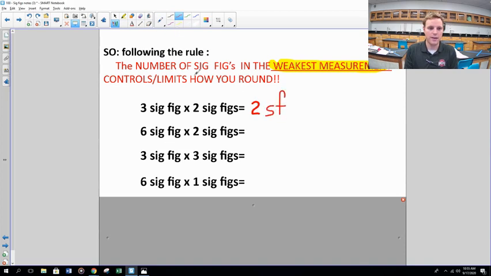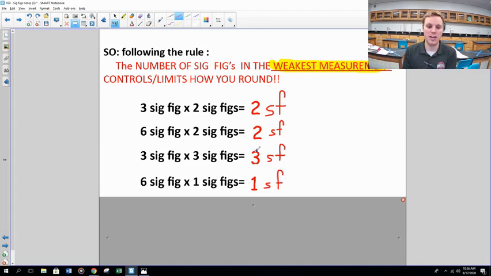If you have 6 significant figures times 2 significant figures, you still only have 2 significant figures. 3 SigFigs times 3 SigFigs, you have 3 SigFigs. 6 significant figures times only 1 significant figure means you only get to keep 1 significant figure. So that's how these will work. You count the number of SigFigs that you're working with, and that will tell you how many you're allowed to keep in your final answer.